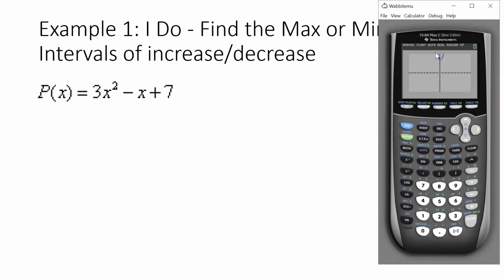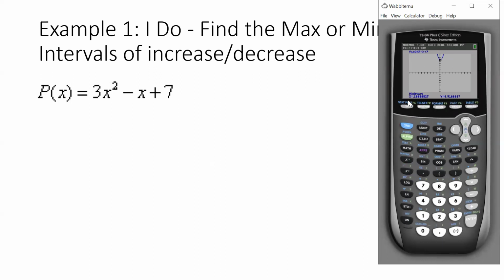In this case, I decrease, then I increase. So what do I have? A minimum. To find that in the calculator, it's second trace, and you see where it says minimum. You're going to go to the left because we read graphs from left to right. So we go to the left of the minimum, then to the right of the minimum, and it's going to say, here's your minimum.